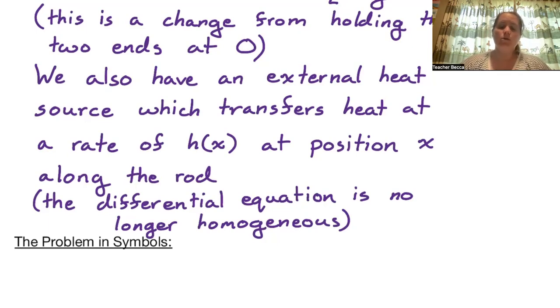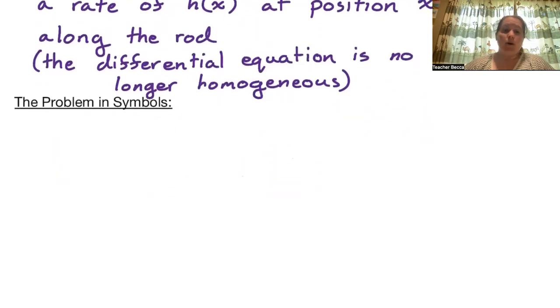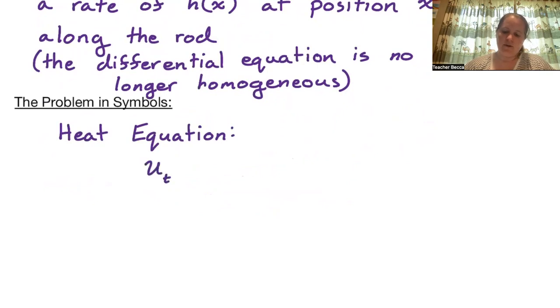the problem. So just translating this problem into symbols, our partial differential equation, our heat equation, becomes the partial with respect to t of u is equal to a squared times the second partial with respect to x of u plus h of x.